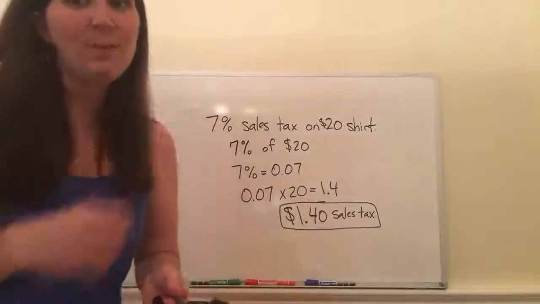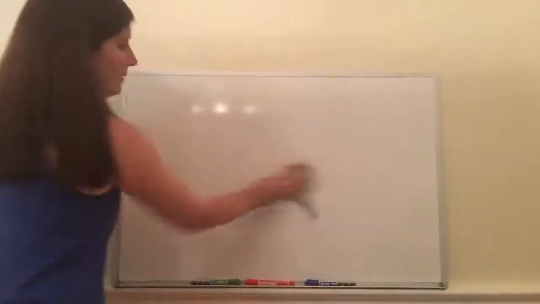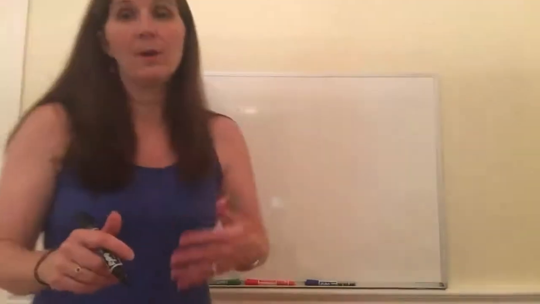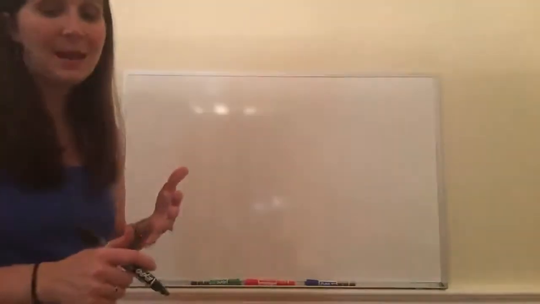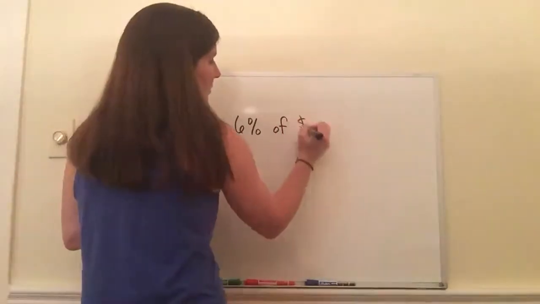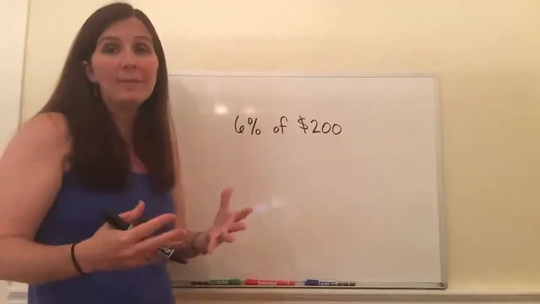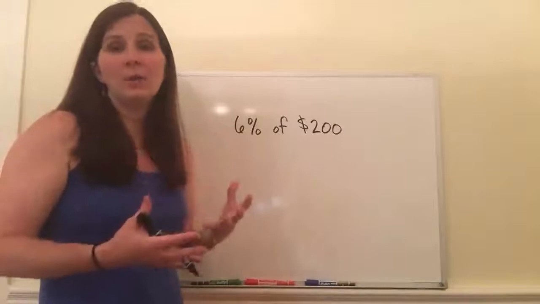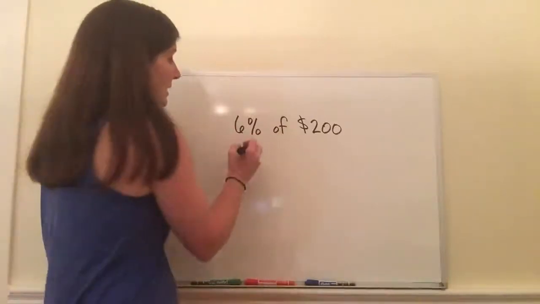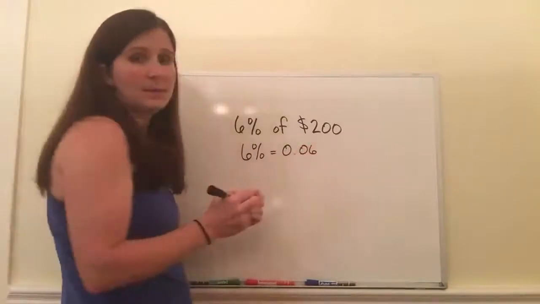Okay, last 3 problems for this week. All right, 6% service charge for a $200 concert ticket. So that means I want to find 6% of $200. So using method 2, our real life method, the one that's going to work if you're out in the real world and you just have your phone calculator to find out a number real quick. 6% is going to be 0.06.